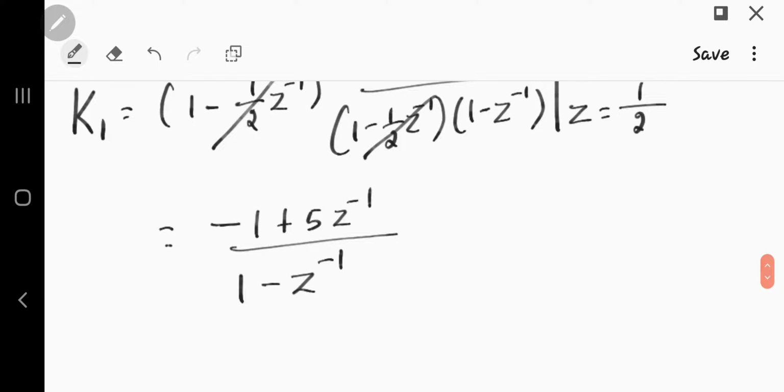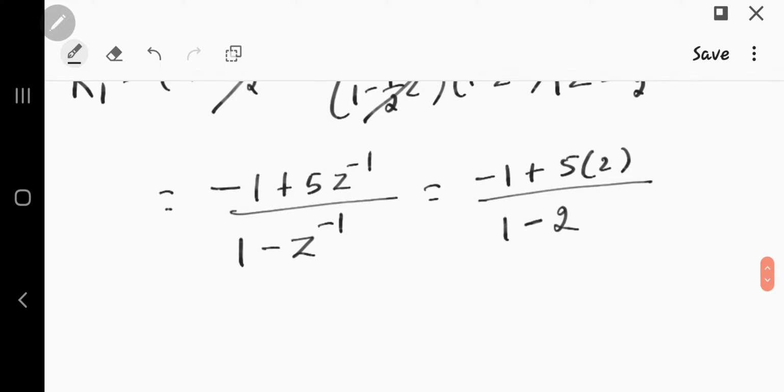So remember, we have to apply the value for z, so z inverse is 2. If you do that, you will get minus 1 plus 5 times 2, divided by 1 minus z inverse, which is again 2. So 5 times 2 is 10, minus 1 is 9.